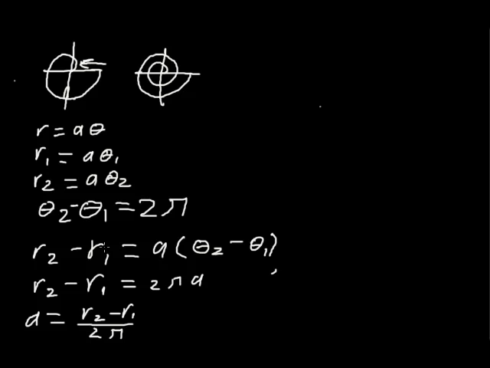Since we've calculated A using this, we can go back to these equations here and write theta sub 1 is equal to r1 over a, and theta sub 2 is equal to r2 over a. So now we've calculated this, and we've calculated that.